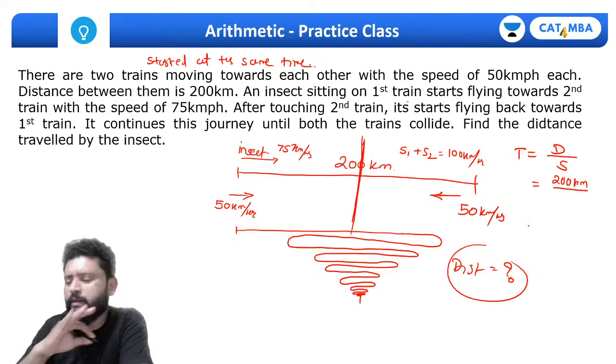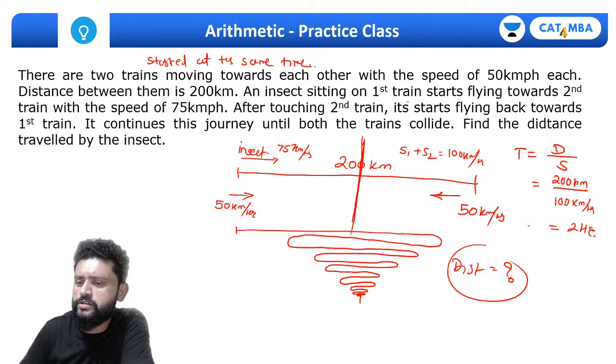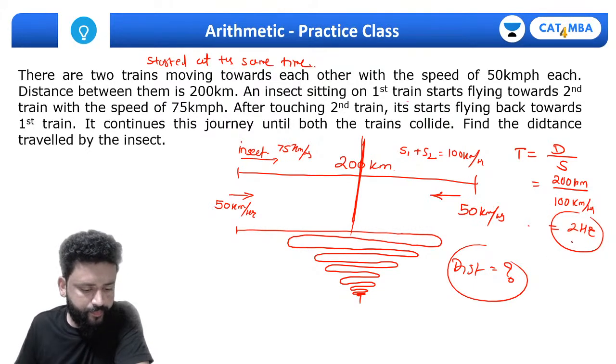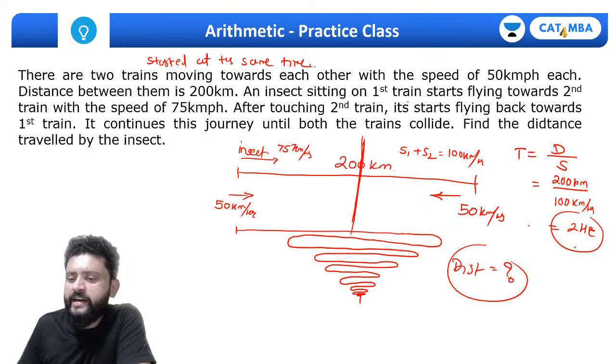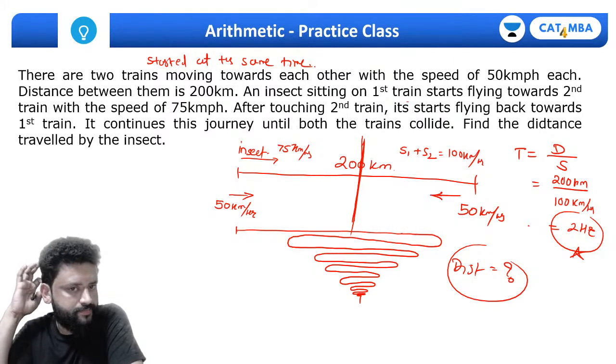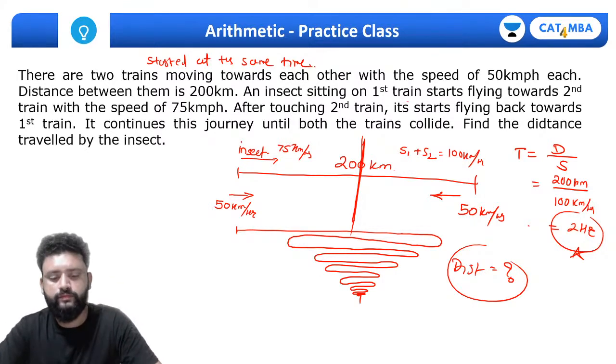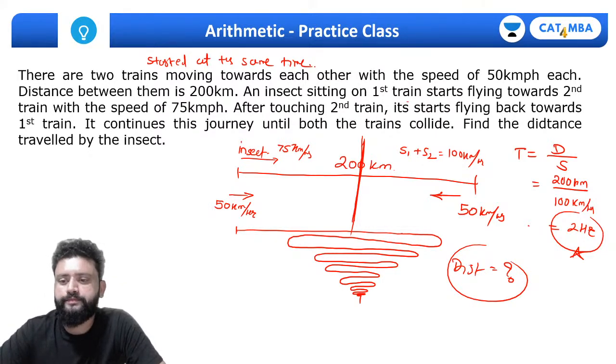Forget about the insect, I'm just talking about the trains. With 100 km per hour speed and 200 km distance, both travel together. It will just take 2 hours to meet. Am I right, Ashish? It will take 2 hours for the trains to meet. Yes, no?